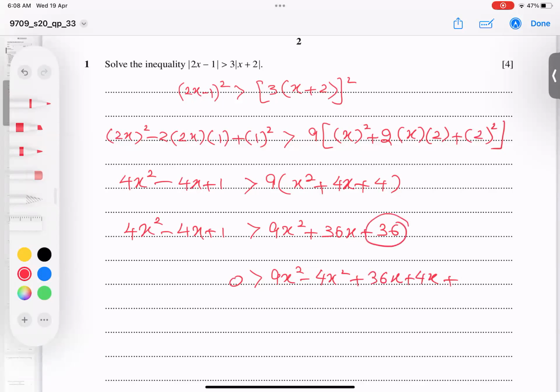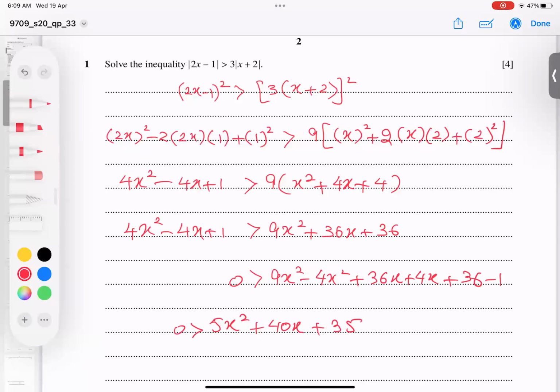Now this 36 I'll copy, and this minus 1 goes there. So finally I get 9x squared. Sorry, this is not 9, it is 5x squared, because of these two x terms. And these two values will make 40x, and these two values will give you plus 35.